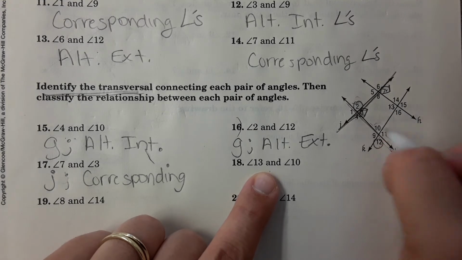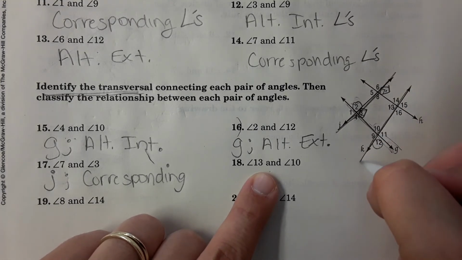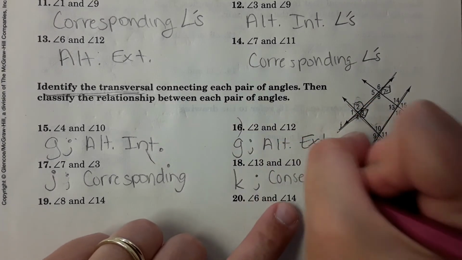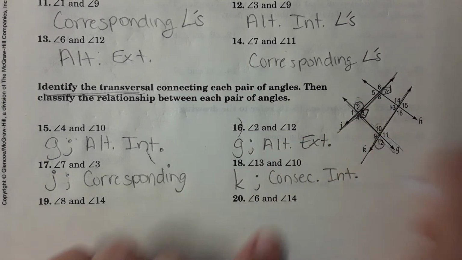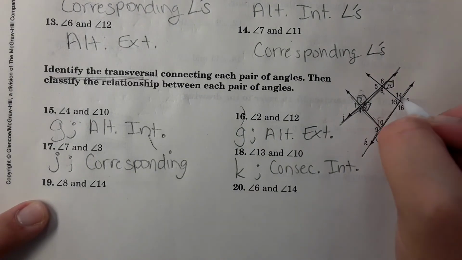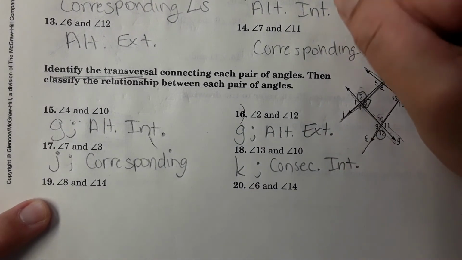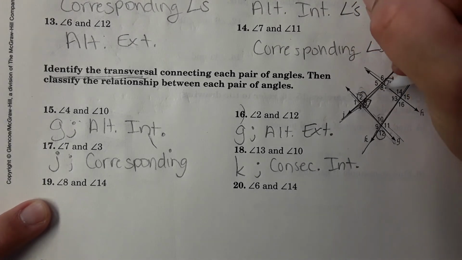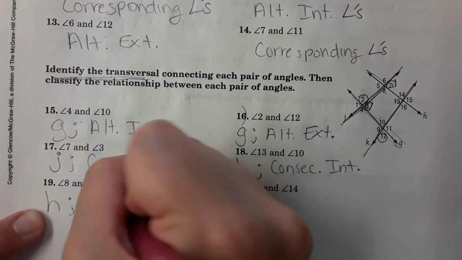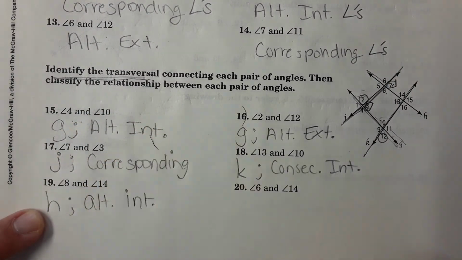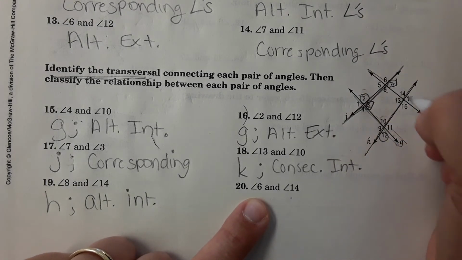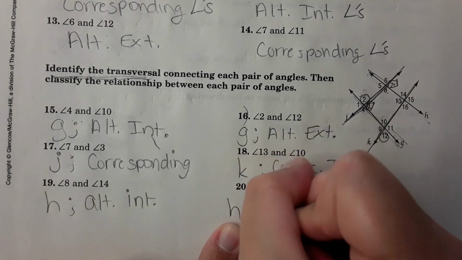And 13 and 10, consecutive interior, and the transversal is K. And then 8 and 14, the transversal is H, and 8 and 14 are alternate interior. And then 6 and 14, those are corresponding, and the transversal is H.